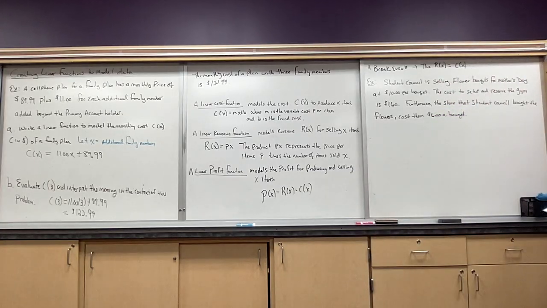Okay? So we have a good bit of information here. The student council is selling flowers for bouquets for Mother's Day for $10, and the setup and reserving of the gym is $160, and they bought the flowers for $6 per bouquet.